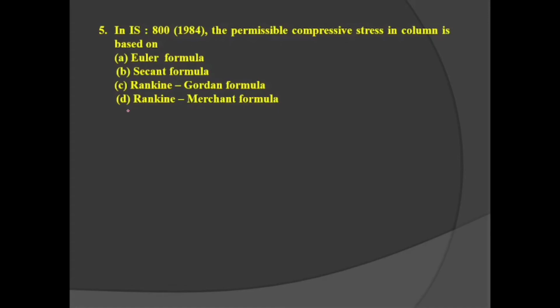However, for IS 800 2007, the limit states method code, it is based upon the Perry-Robertson formula.